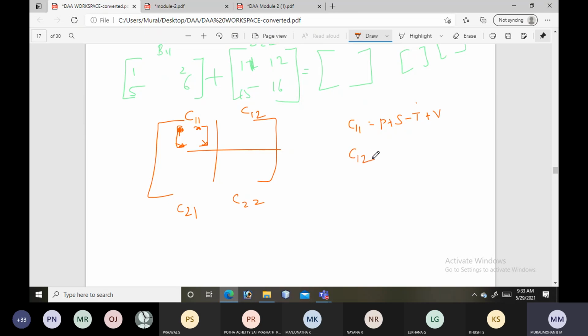Similarly, when you calculate C12, you will get 4 elements. Similarly, when you calculate C21 and C22, you will get this. Now it is the product of 4 cross 4 matrix. Finally, you are getting this one. Is it clear? Kindly respond, please.